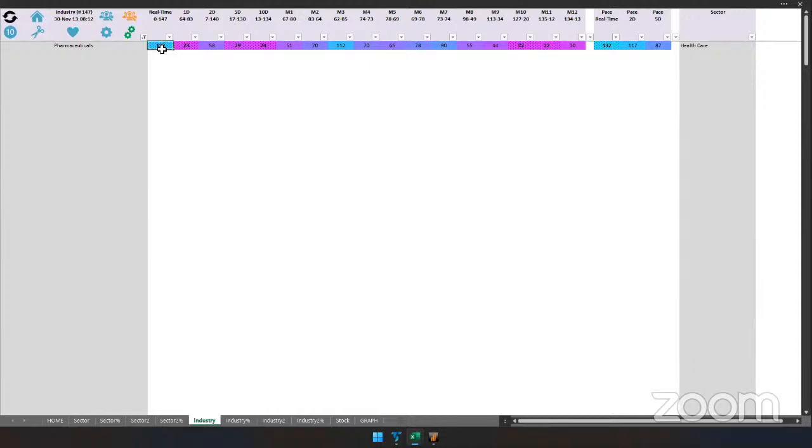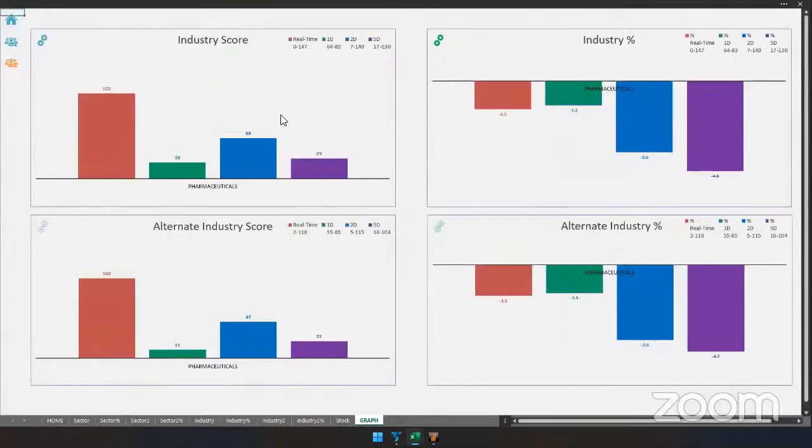Top 20%, bottom 20% will have this checkered background. On top of that, it is also among the top 20% accelerating industries. So relatively, the industry is not good. Sorry, relatively, the industry is doing very well, though the majority of the peer stocks are down. That's fine. We also look at the relative strength. And if we want to see the detail move, we can see it from the graph.